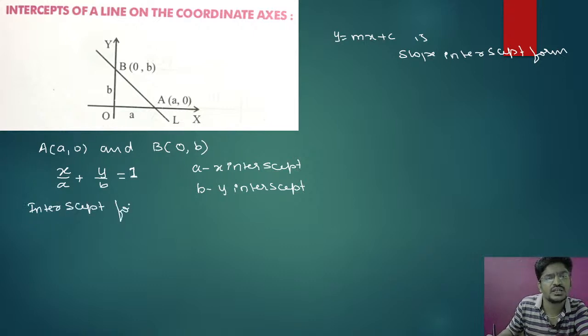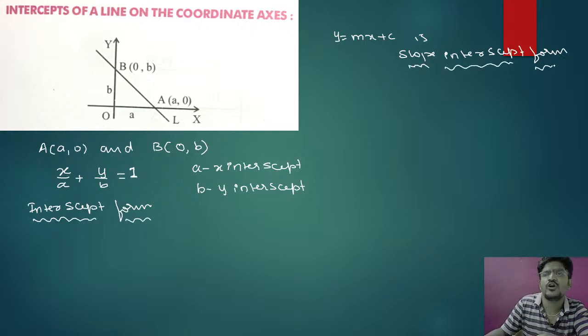So intercept form will be x by A plus y by B equal to 1, and slope intercept form will be y equal to mx plus c. Clear? Very good.